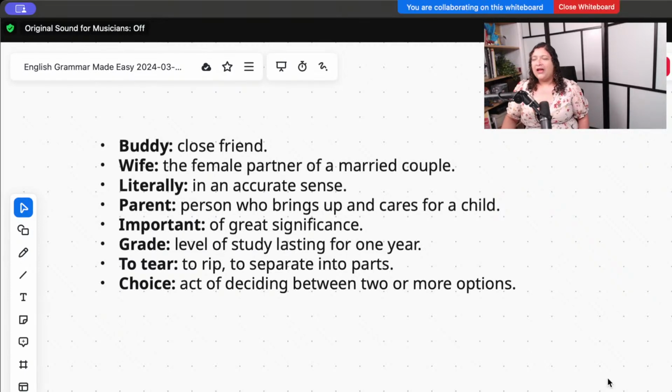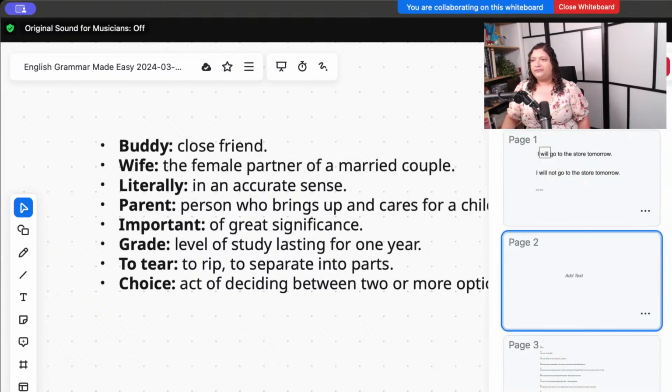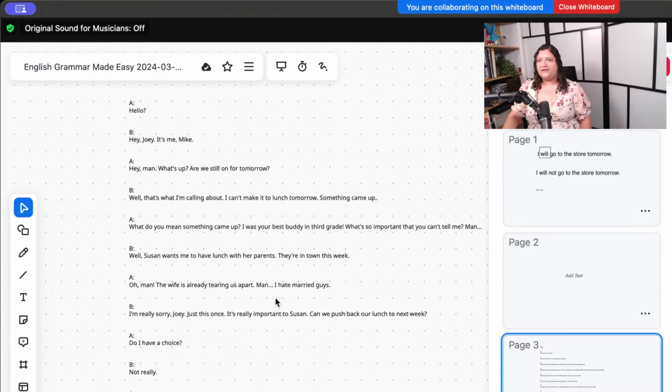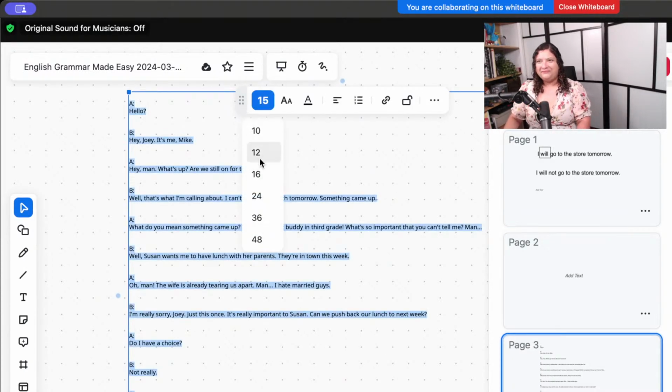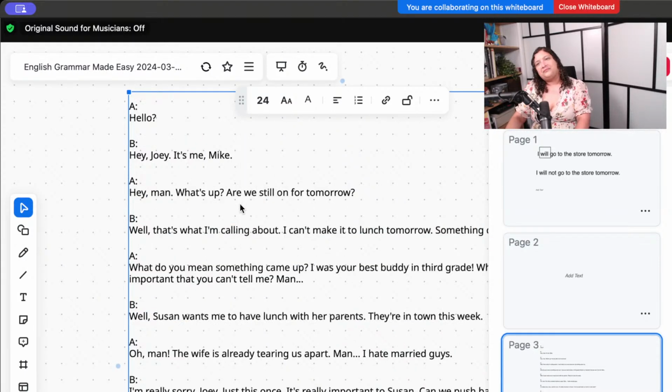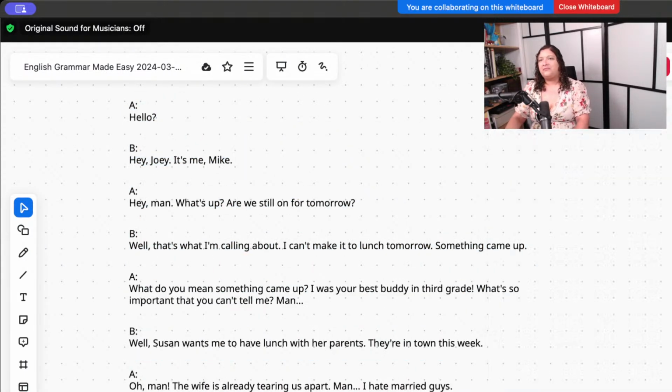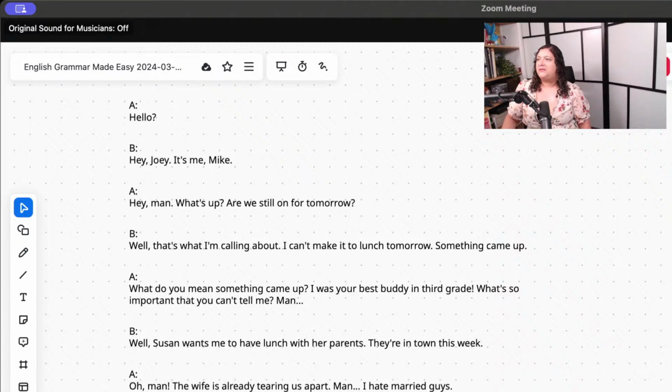Now I am going to change to the other screen. Here is our conversation. I'm going to make this a little bit bigger for you guys because now it's extremely small. All right. Now, via the chat, go ahead and tell me what words you see that were in the vocabulary list.